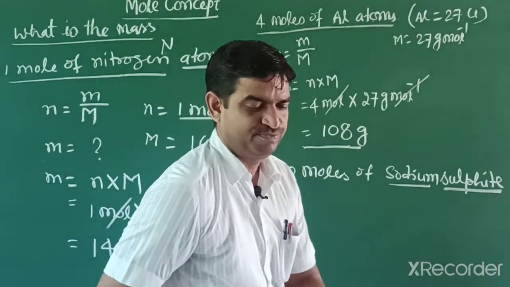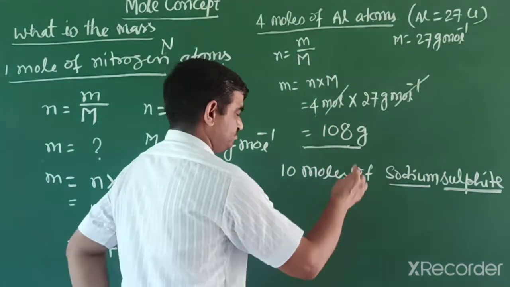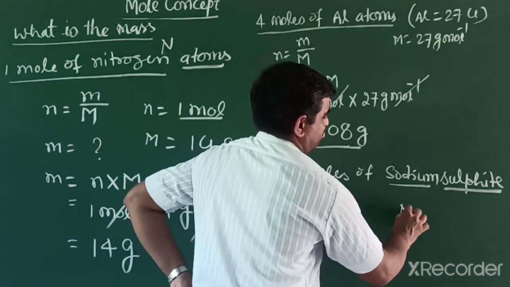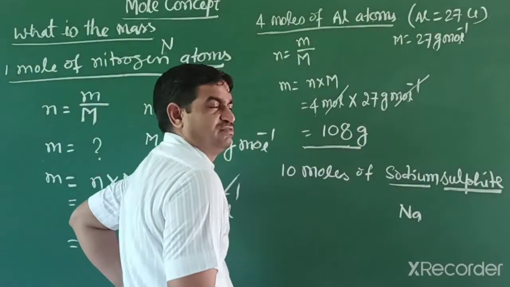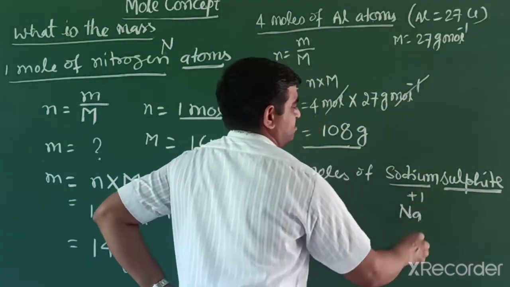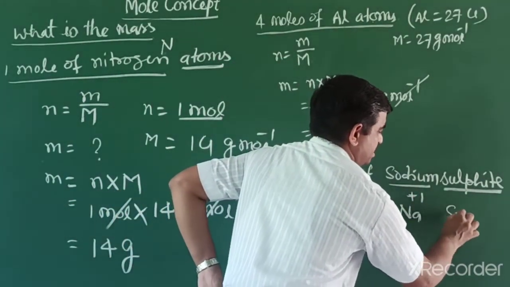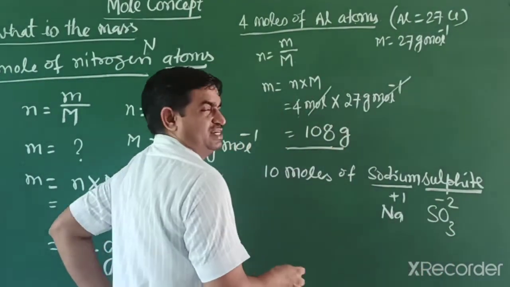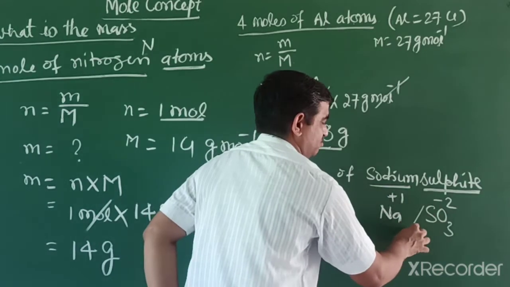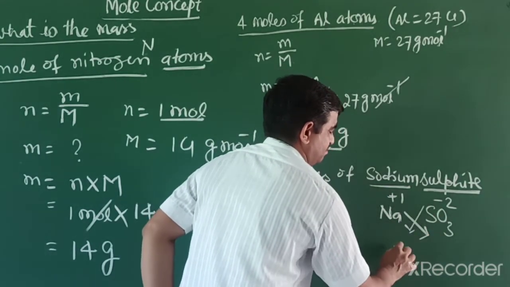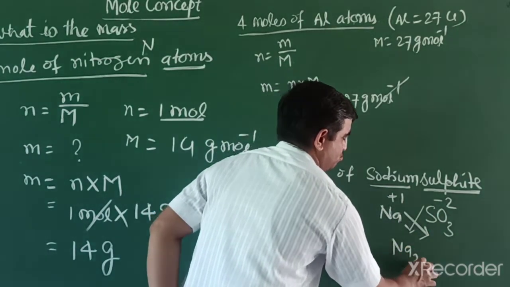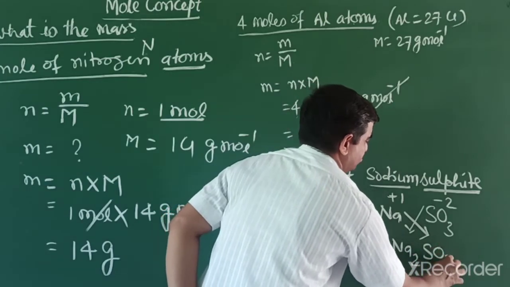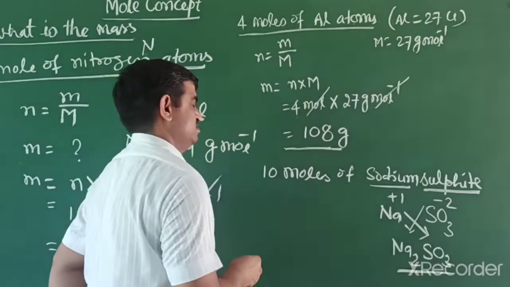First we know sodium, Na, symbol is +1. Sulfite, SO3 minus 2 or 2 minus, you can write anyhow. Then cross their charge, Na2SO3. This one is sodium sulfite.